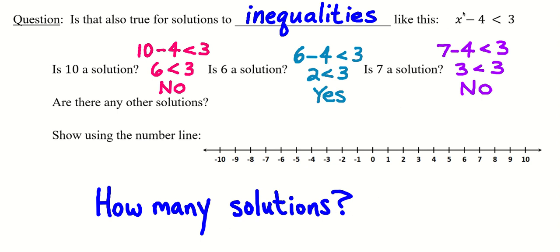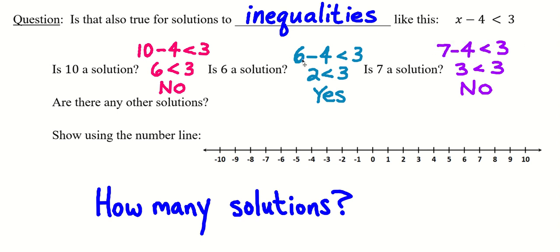What's the largest one? Because you might have thought, well, 0 is a solution. Negative 10, basically negative anything, minus 4 is going to be less than 3. So we saw 6 was a solution, and 5 and 0 and everything like that. But then we saw that 7 was not.